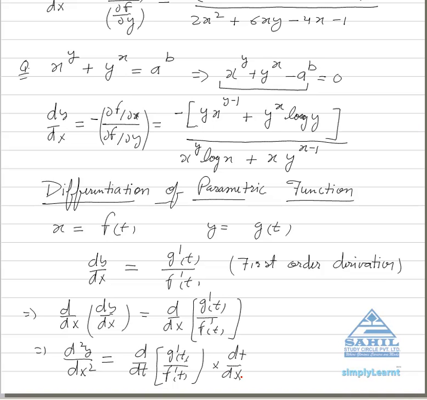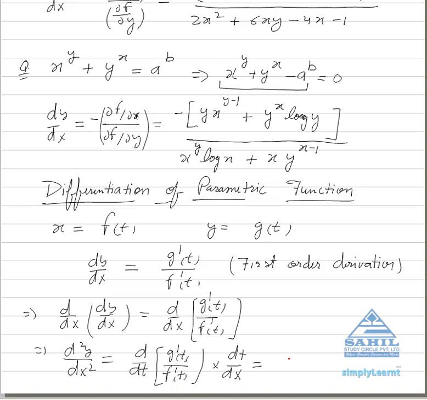Actually, a function of t cannot be differentiated with respect to x, so I had to make such an arrangement so that it is differentiated with respect to t, and I have multiplied dt on the numerator also. So what is the format of this?